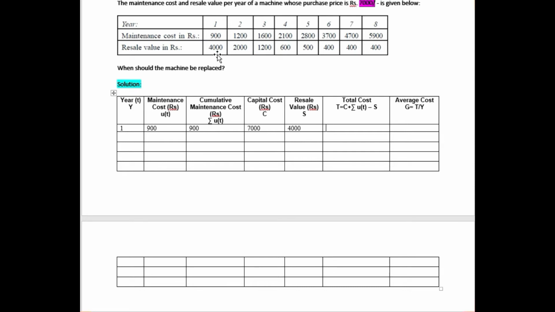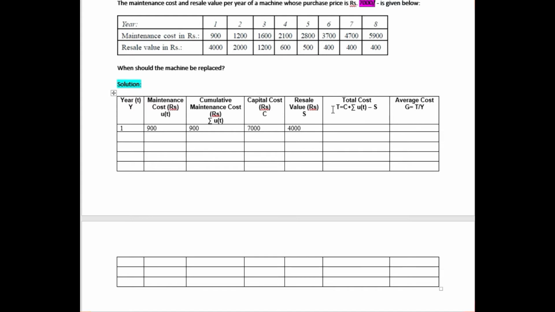The total cost, as I said earlier: capital and maintenance cost are invested on the machine, but the scrap value, the resale value, is recovered from the machine. So the total cost is the addition of capital and maintenance cost, and from the added value we subtract the scrap value or resale value.